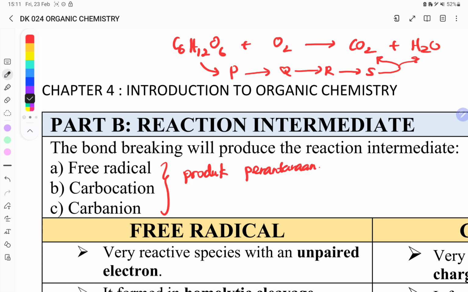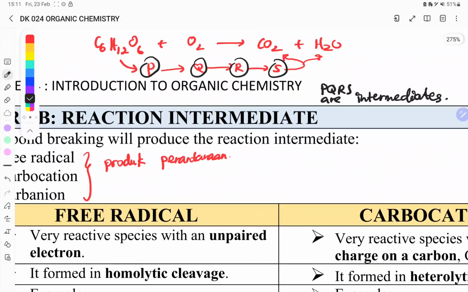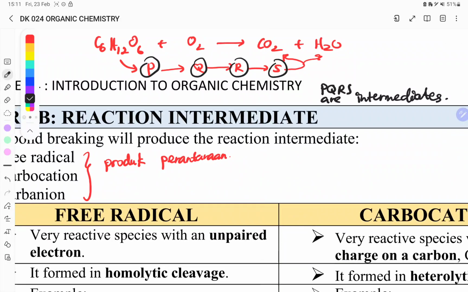Dan step-step yang ini, yang P ini bukanlah produk final. Yang bukan produk final is what we call as intermediate. So this is P, Q, R, S, intermediates. Okay. Dan intermediates ini dia adalah produk, bukan final product.